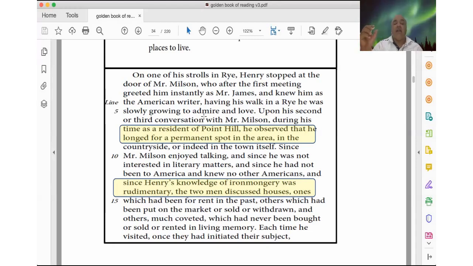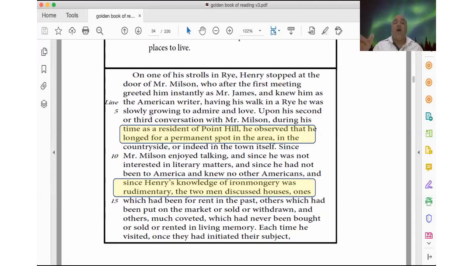So here we get a claim: he started to like the city of Ray. Upon his second or third conversation with Mr. Melson, during his time as a resident of Point Hill, he observed that he longed for. To long for is to admire, to desire. He has a desire of a permanent spot in the area.